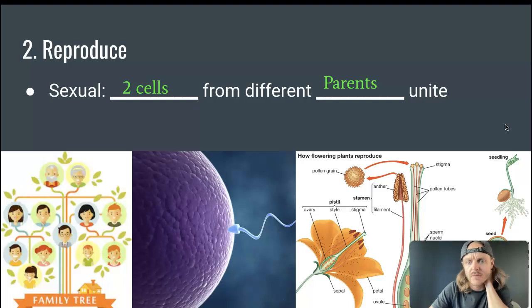And lots and lots of living things reproduce sexually. Not just animals, plants. Plants do sexual reproduction as well. You can see this little diagram is kind of hard to follow, but what you need to know is that pollen is like a sperm cell, and there's male plants and female plants.